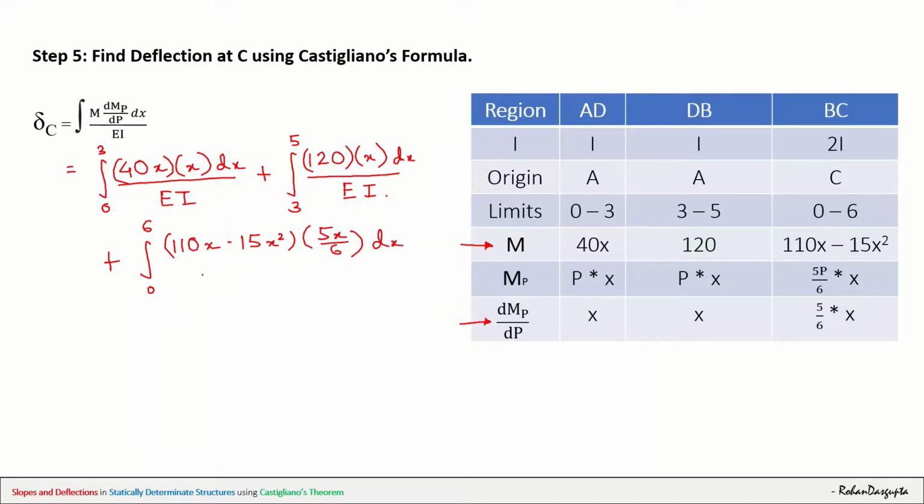Now be very careful here. A lot of students make this silly mistake. The value of I is now 2I, so EI will become 2EI. I hope this is clear to you. And this you can simply put in your calculator now and get the answer.